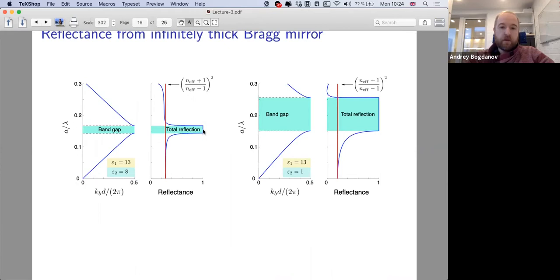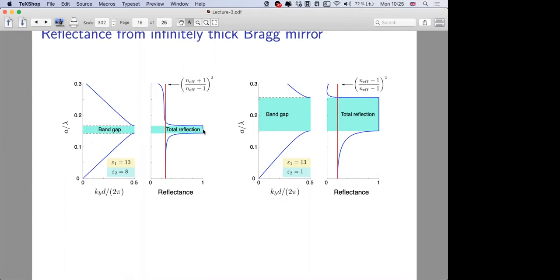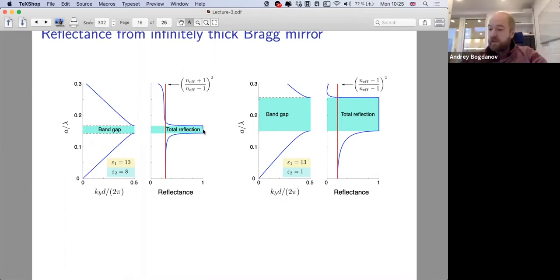But let me reformulate my question: could we have unit reflectance for any angle of incidence and for both polarizations? The question is a little bit tricky.